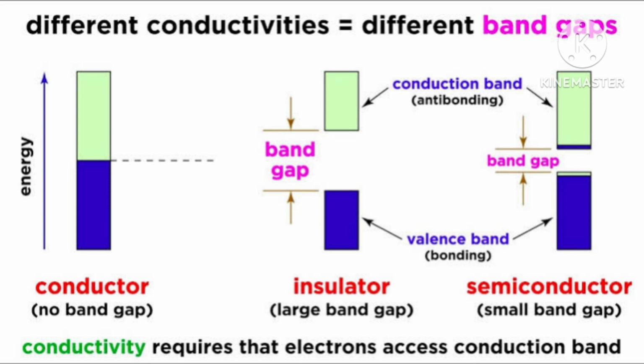Therefore, some electrons may jump to the conduction band and show some conductivity. Electrical conductivity of semiconductors increases with rise in temperature, since more electrons can jump to the conduction band. Substances like silicon and germanium show this type of behavior.